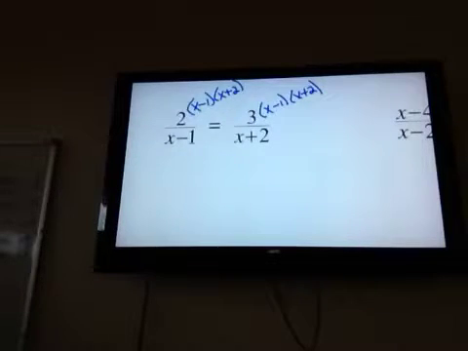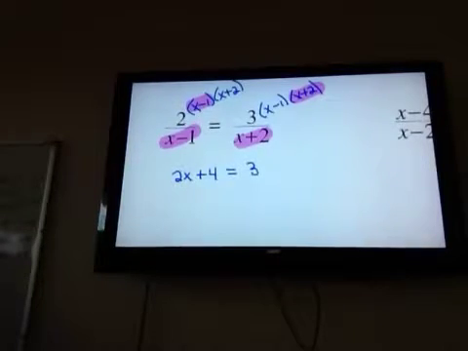My x minus 1's cancel, gone. And on the other term, my x plus 2's cancel, gone. I take what's left and multiply it out. So 2 times the quantity x plus 2, distribute, and I get 2x plus 4. On the right side, I distribute 3 to the quantity x minus 1 and get 3x minus 3.